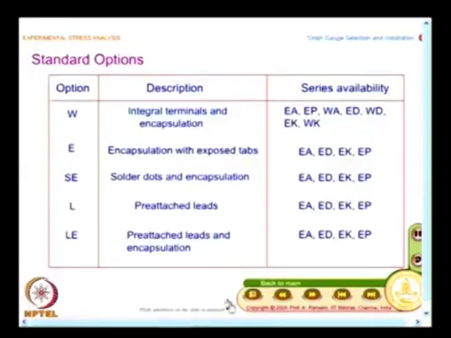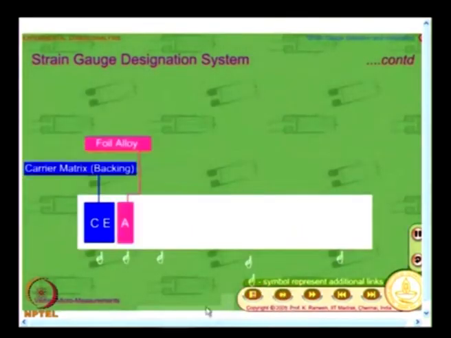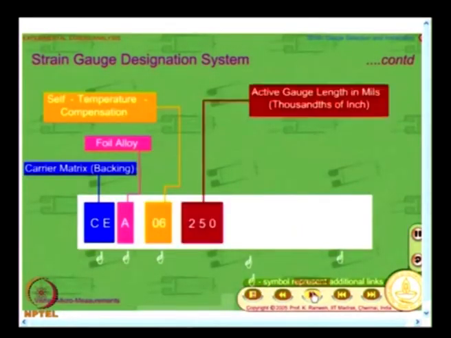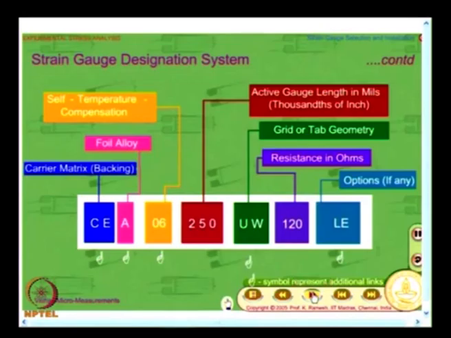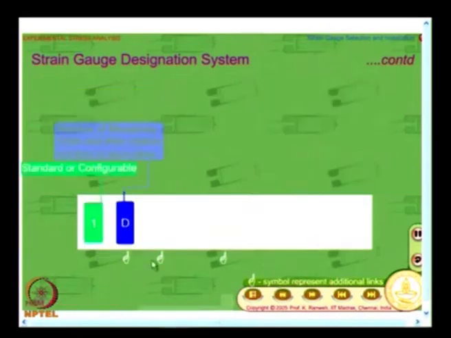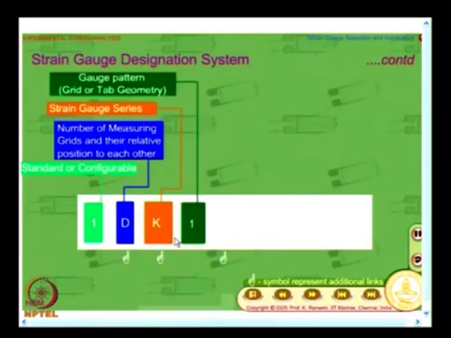So, that is what we have looked at, and now what we will do is we will go and see the designation system adopted by HPM, and I have tried to use the same color code for similar parameters.